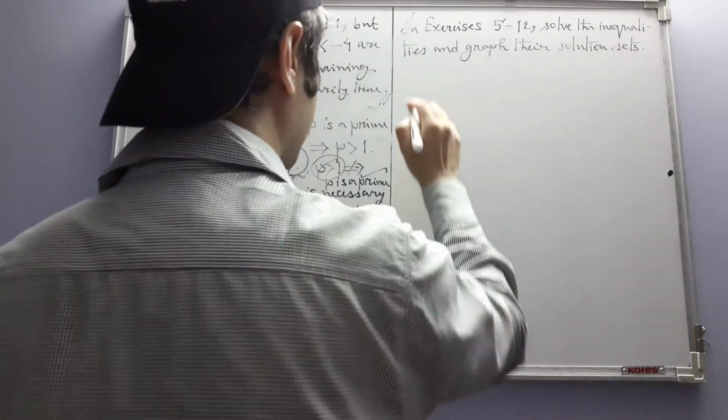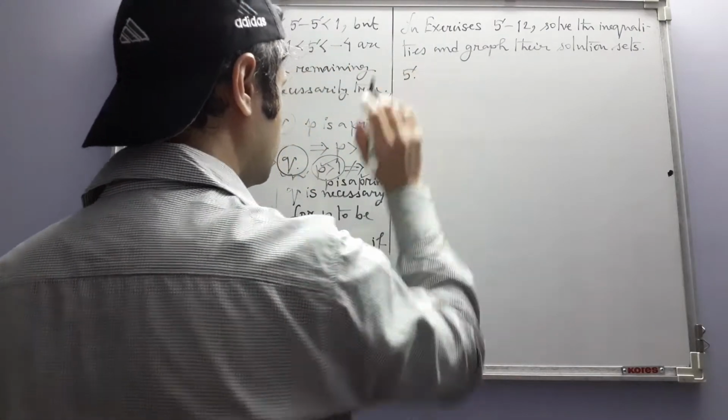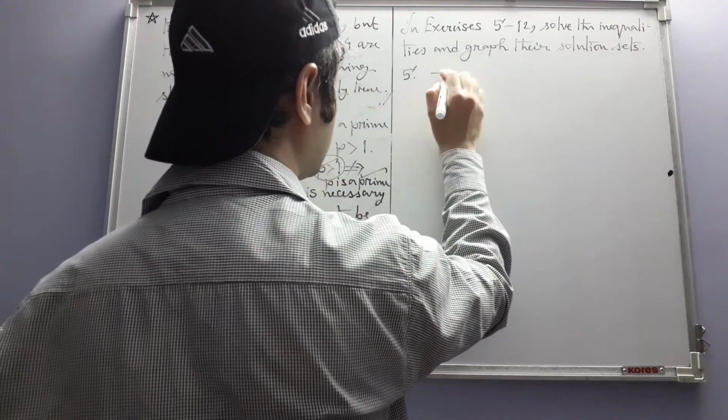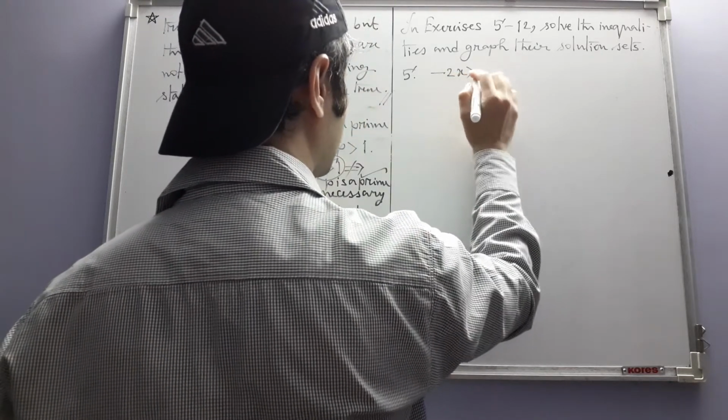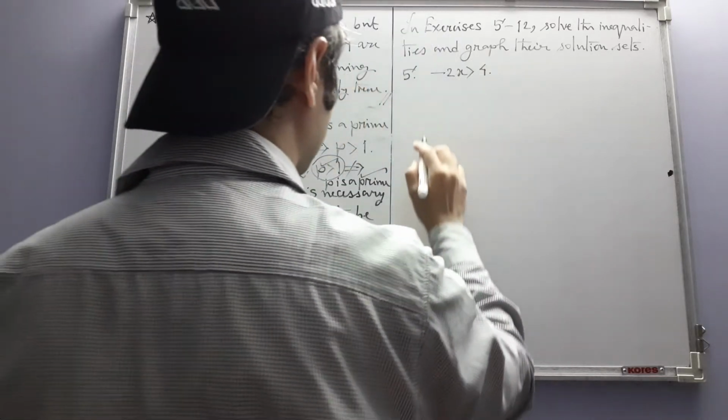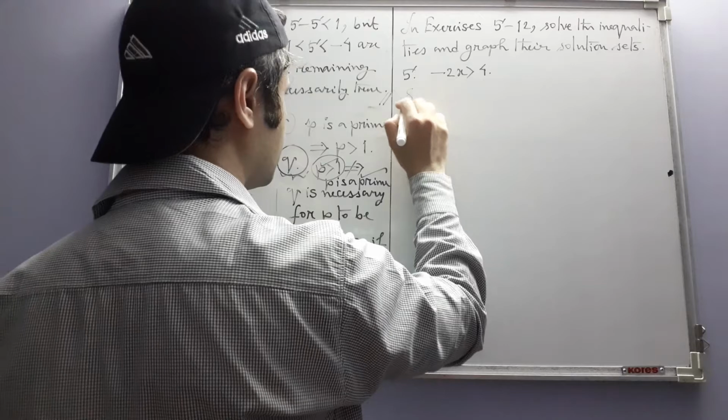So these are the inequalities. Here we have to solve them one by one. Minus 2x is greater than 4. This is the first one. First one means the fifth one.